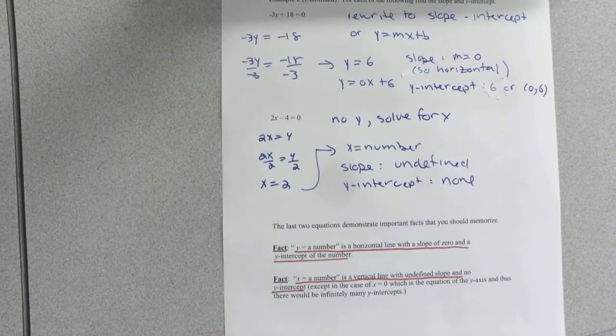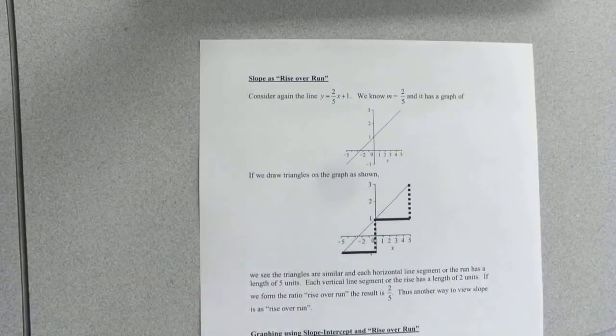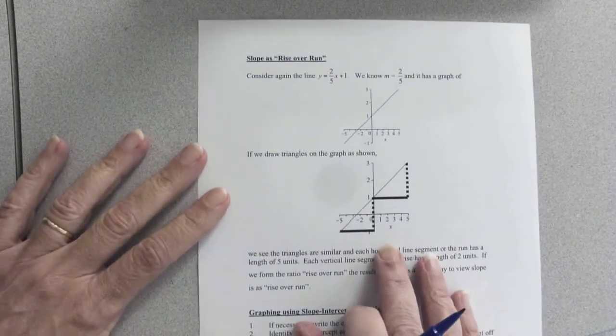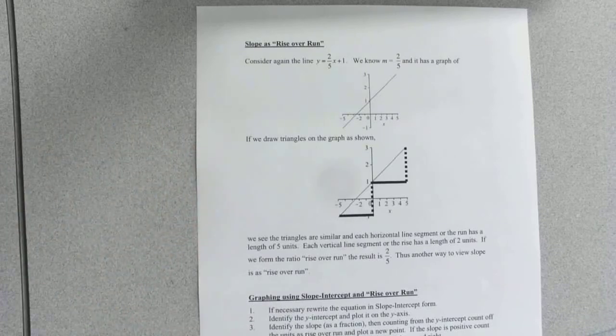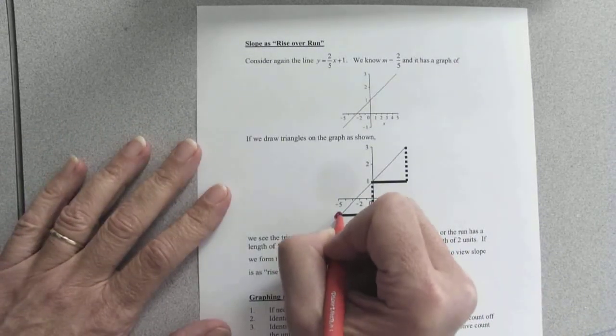Okay, we're going to continue talking about slope. Slope as rise over run. So I went back to my graph that we had with a t-chart before, y equals 2/5 x plus 1, and we know that m equals 2/5, and it has a graph like that. Then I've just drawn the graph again, connecting those points on my t-chart.